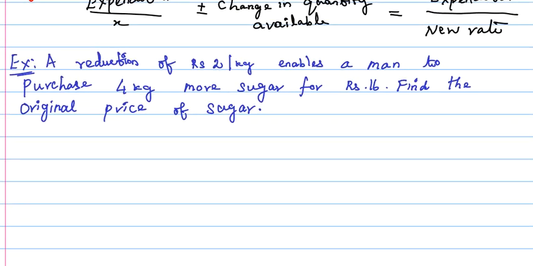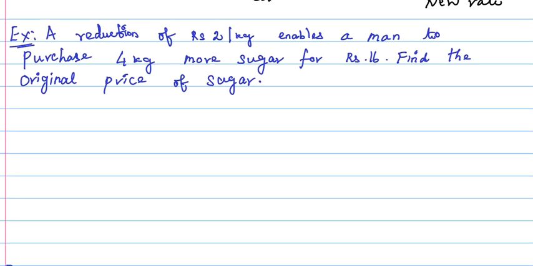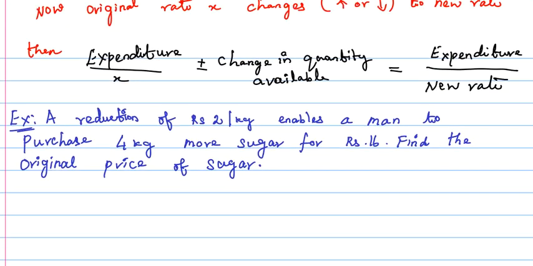So read the question. First you have to identify what is the expenditure, what is x, what is the change in quantity, and the new rate. If you identify correctly, you can easily apply the formula.